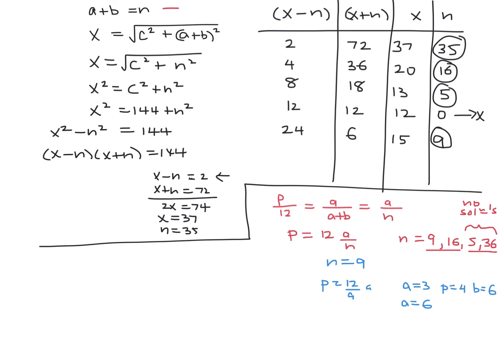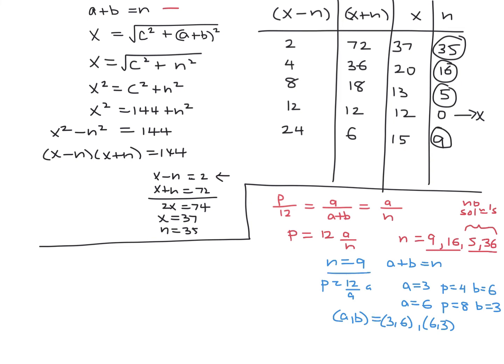And the way you get B, of course, is that A plus B is equal to N, and that's how you got B, because N is 9. And if A is 6, then my P value ends up to be 8, and B equals 3. So there you go, we got two pairs, namely 3, 6, and 6, 3. So that's for N equals 9.